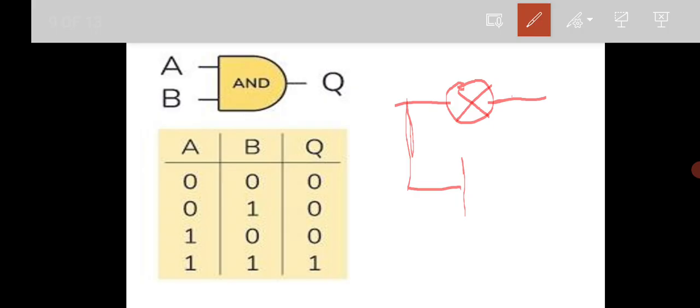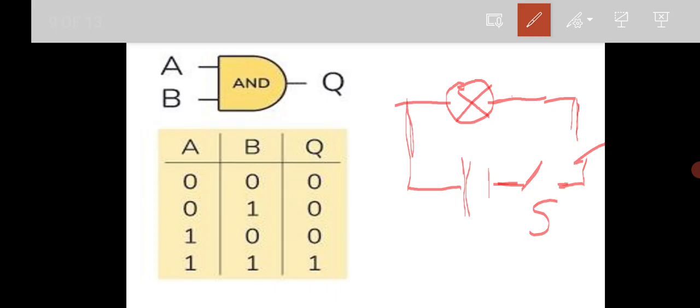Let's suppose we have a cell here to power up the bulb, and then we have two switches.